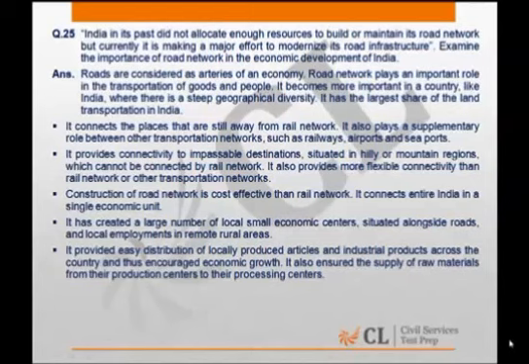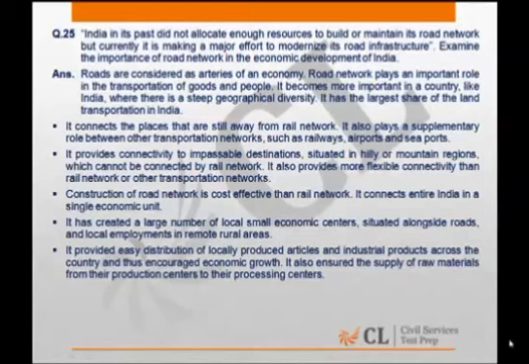Before 2000, there was little or no concern about the expansion of the road network in India, especially the national highways. But after that, the National Highways Authority of India engaged in developing the Golden Quadrilateral, the North-South and East-West corridors, etc. So road networks are the key to develop any infrastructure.